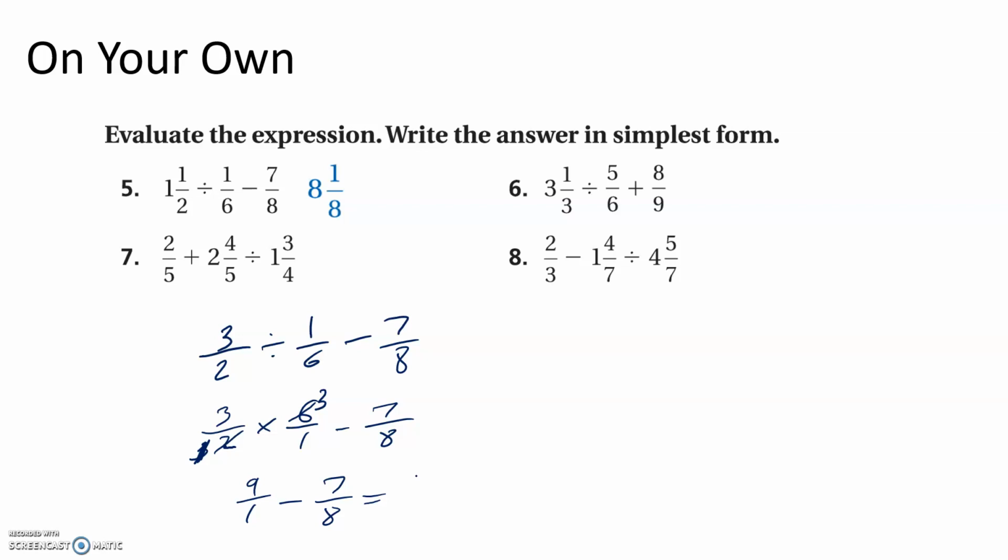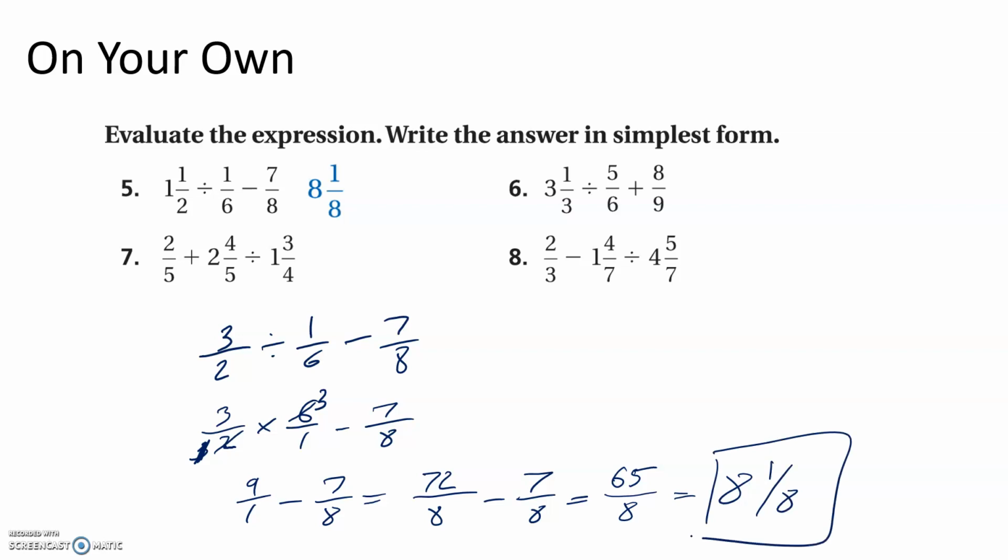So that's going to be 72/8 minus 7/8, which is going to be 72 minus 7, 65 eighths, and that's going to be 8 and 1/8.